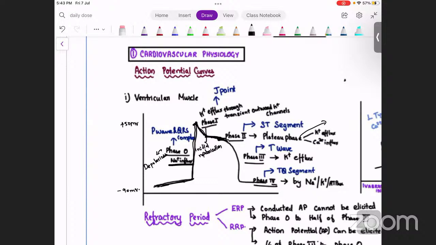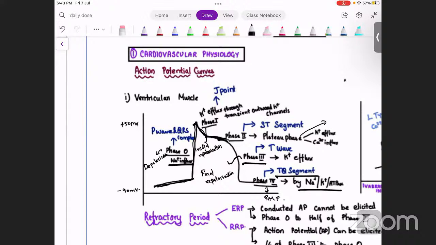Below the plateau, you have phase 3, the final repolarization phase, where the potential drops due to potassium efflux. And phase 4 is again the resting membrane potential phase, which indicates the TQ segment of your ECG. Phase 4 is maintained by your sodium potassium ATPase.